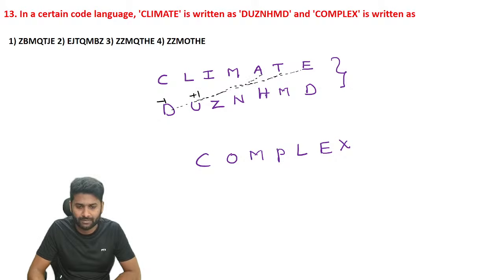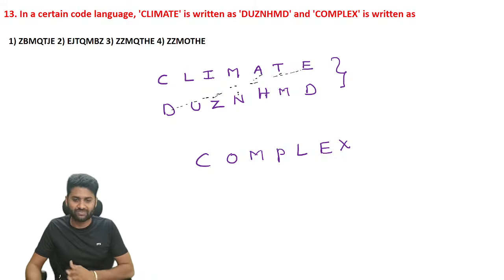Again A to Z is minus 1. Again M to N is plus 1. So again minus 1, plus 1, minus 1 and a plus 1. From first to the last, each letter is coded with its respective position plus 1 and minus 1.